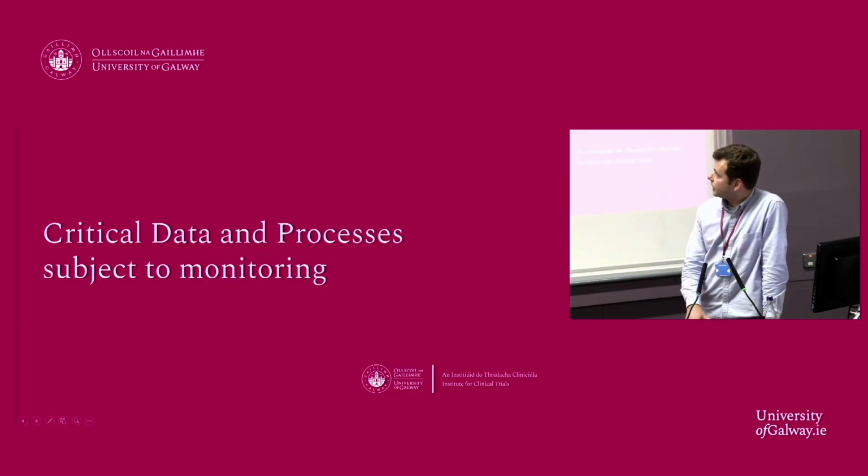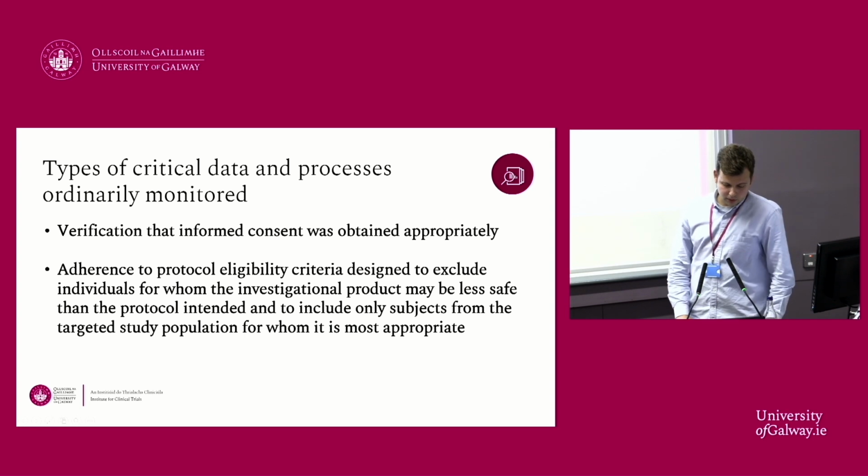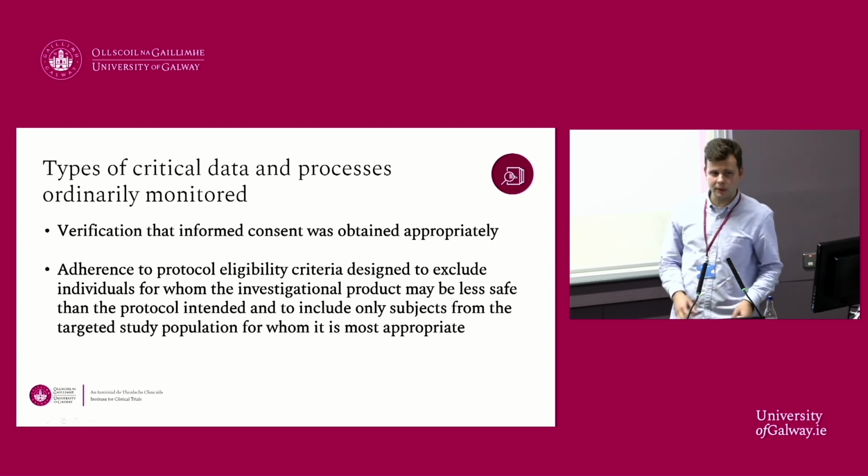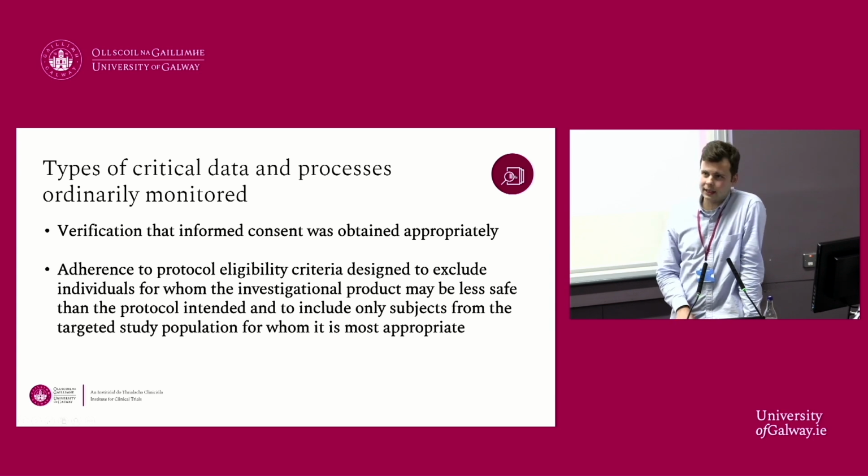So what are the critical data and processes subject to monitoring? The types of critical data and processes ordinarily monitored are, perhaps the main one, verification that informed consent was obtained appropriately, before any study procedure has been taken or completed.